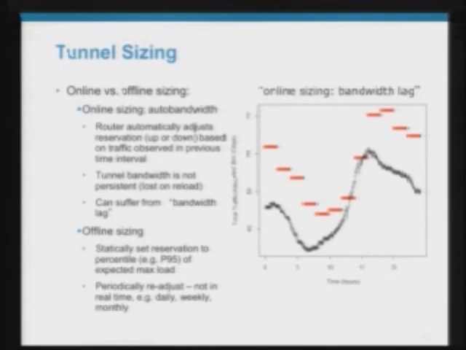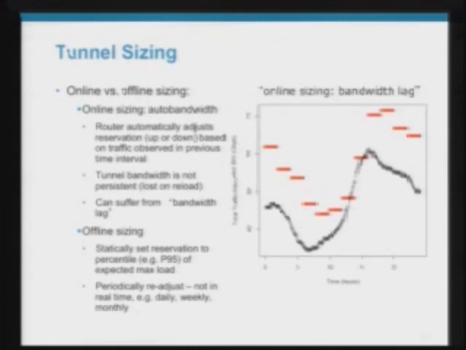So really for dynamic MPLS, the key is to make sure that the tunnel sizing is done well. We're finding that it's a relatively small number of people who are using auto bandwidth, and they've really had to tweak it to get it right.